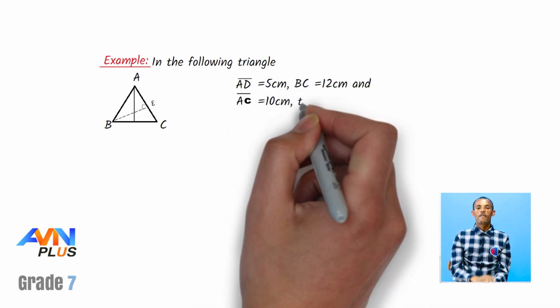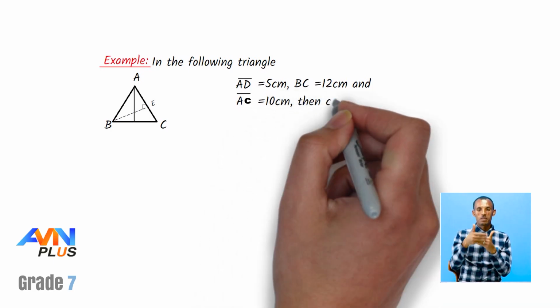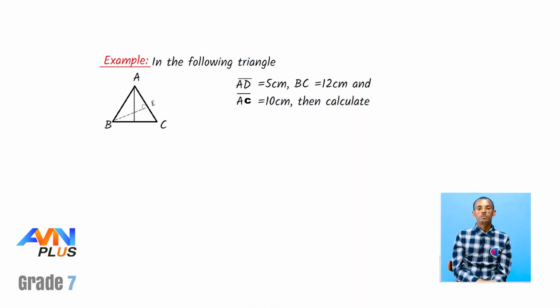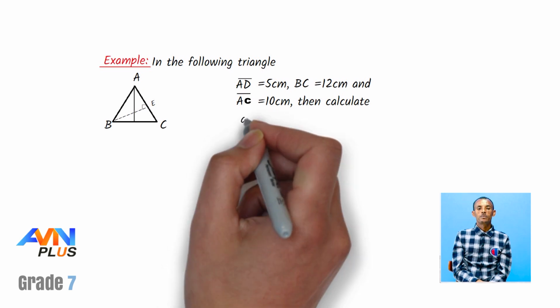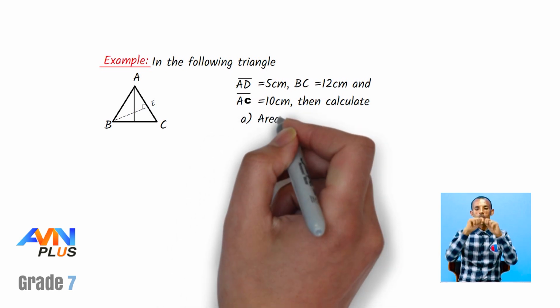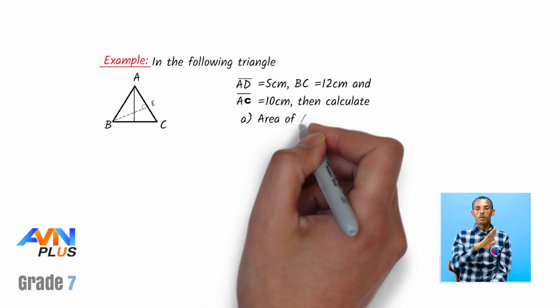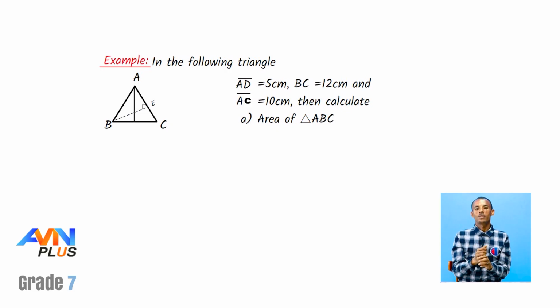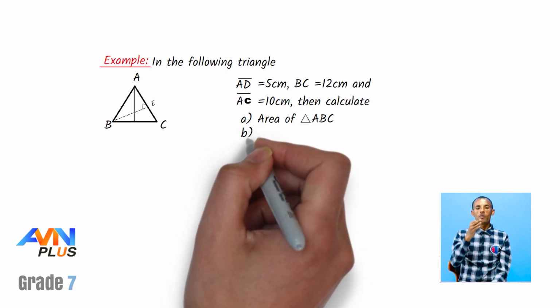Then calculate the area of triangle ABC and the length of BE.